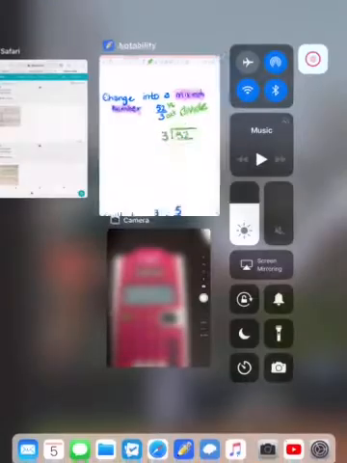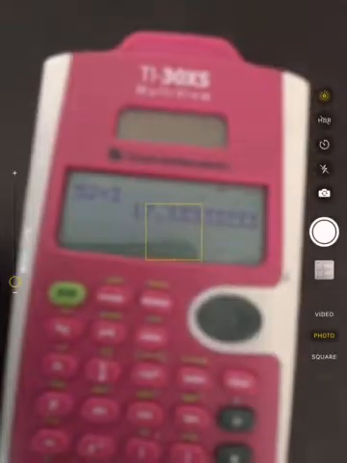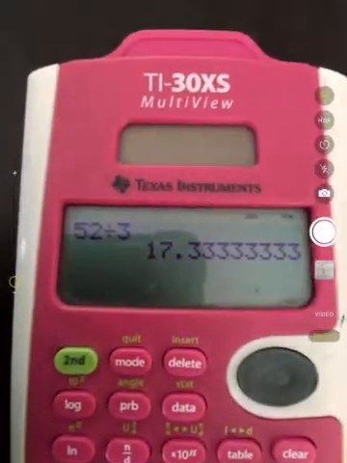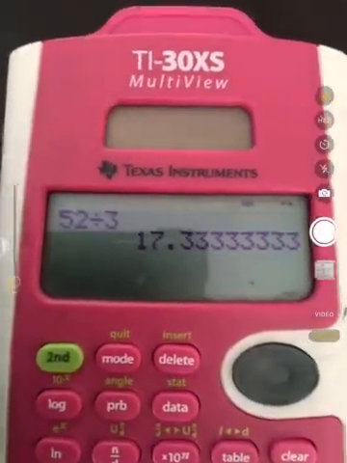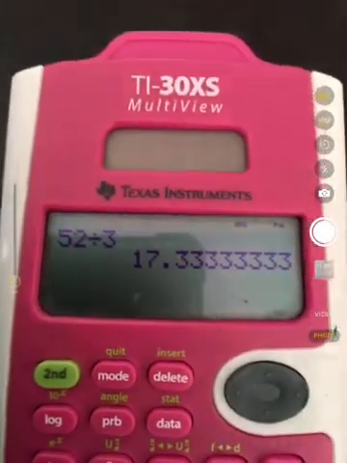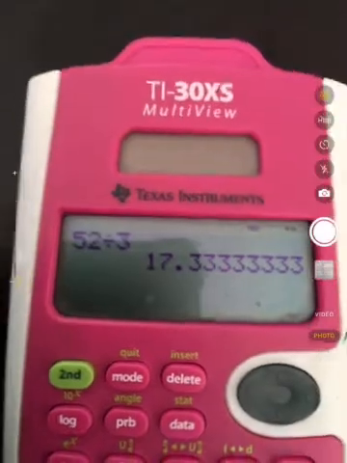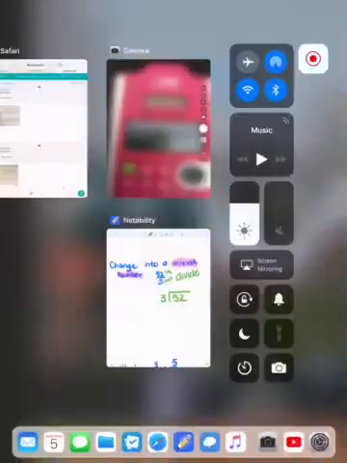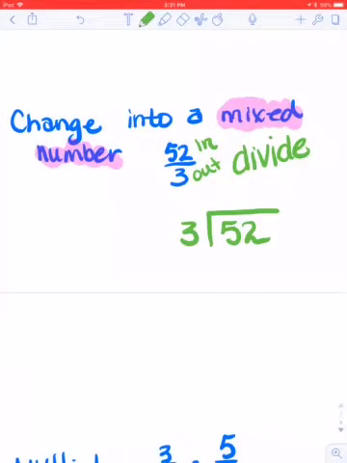Now I'm going to show you my calculator again. If you can see this, the whole number part in front is 17. And then do you see all the 3's at the end? I'm only worried about what happens before the decimal, so just the 17. That means on this one, I know that it goes in 17 times.